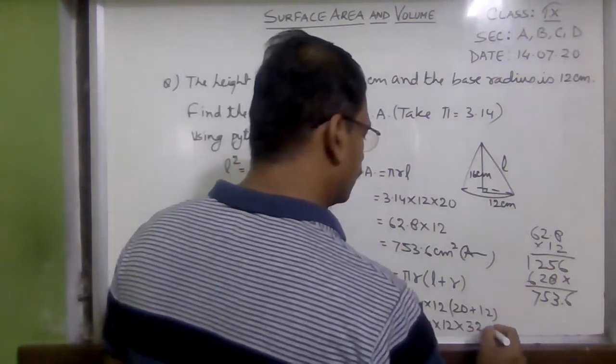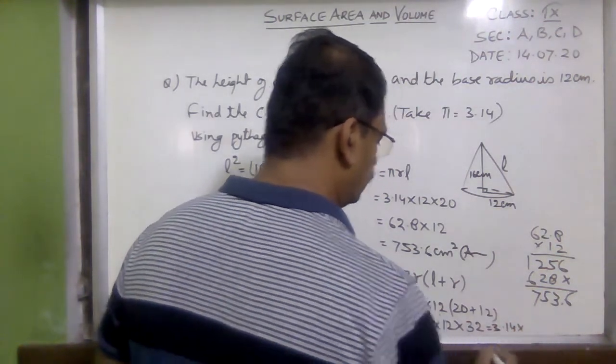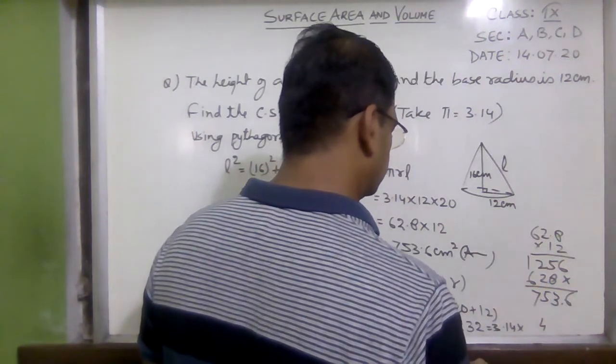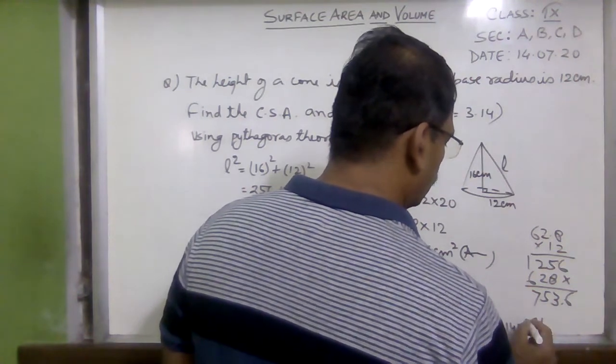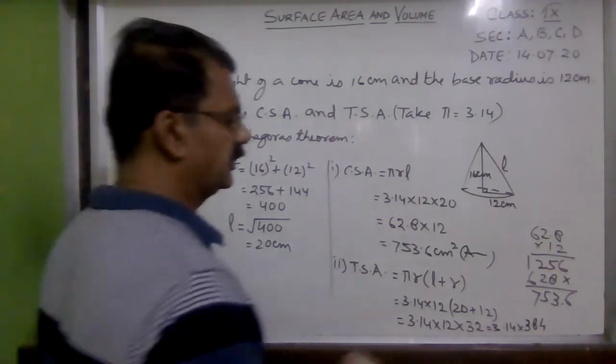Okay, so 3.14 into 384. So you have to multiply 3.14 with 384.